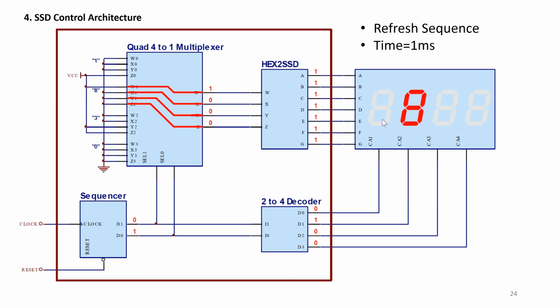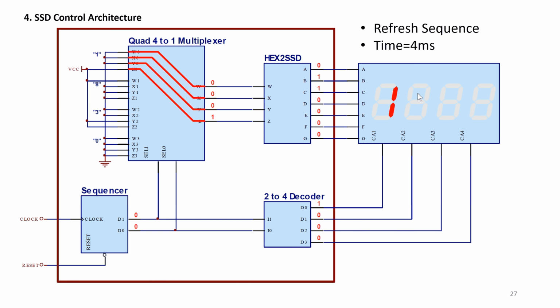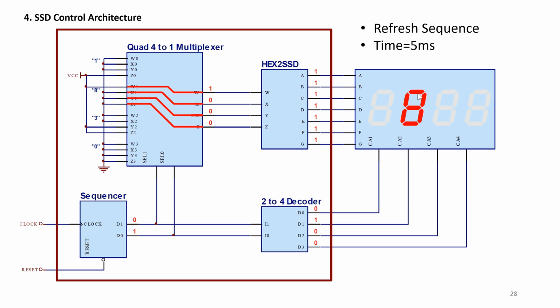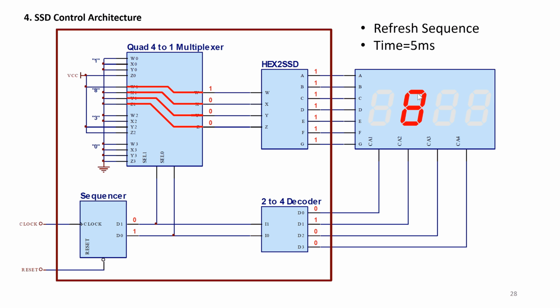Now as you go through the sequence, the second 7-segment display is powered on, and it's the second set of data that gets displayed, and this continues as we talked about before, and they continue to refresh until it becomes a 4. It shows up as 1830 on your 7-segment displays.